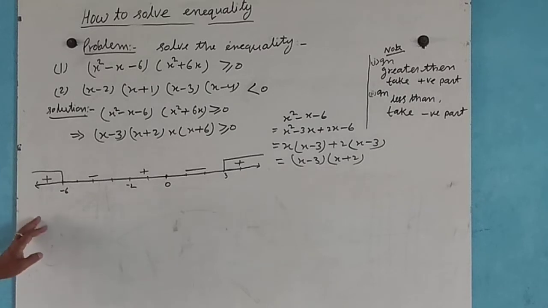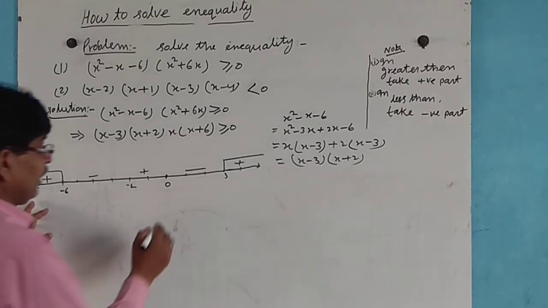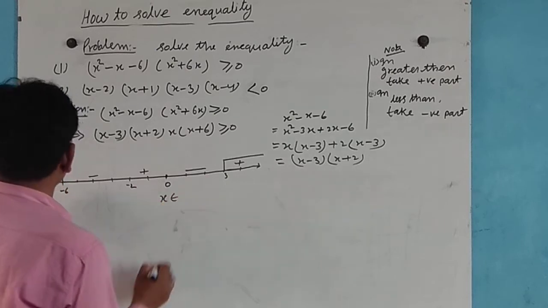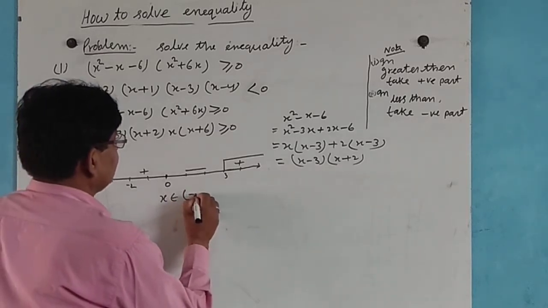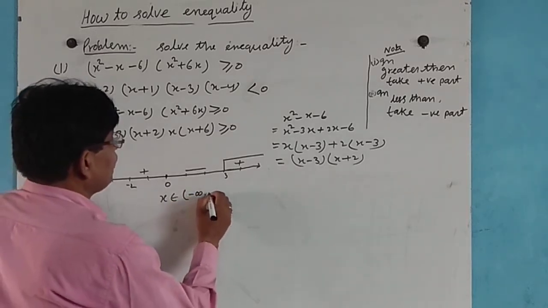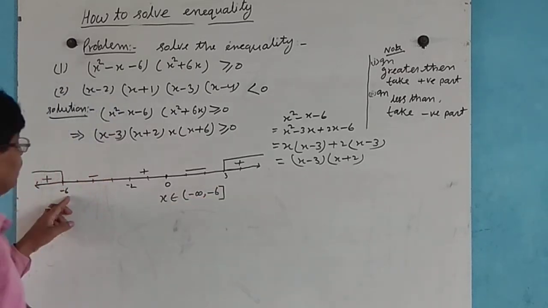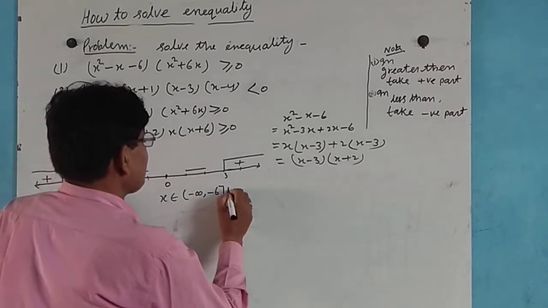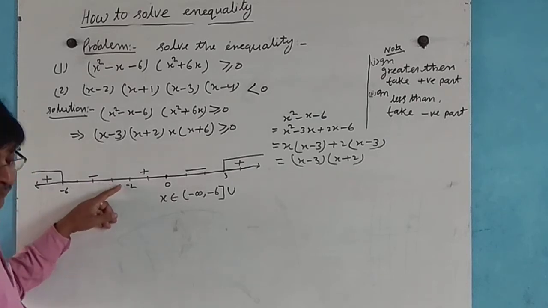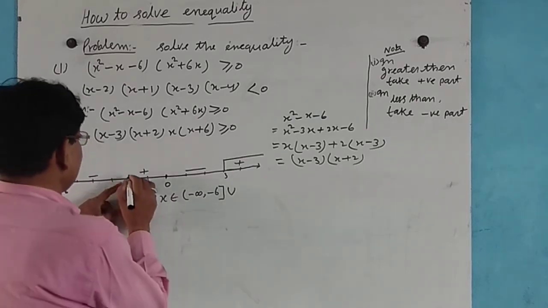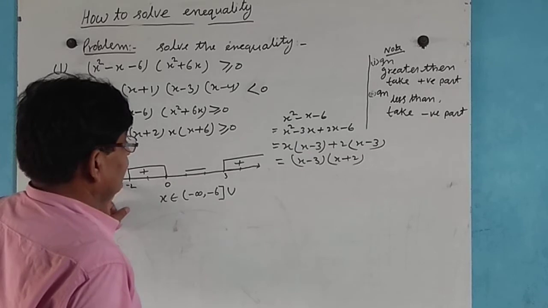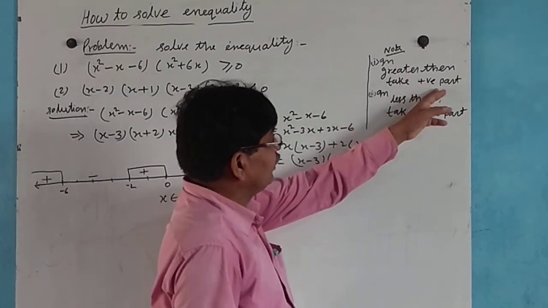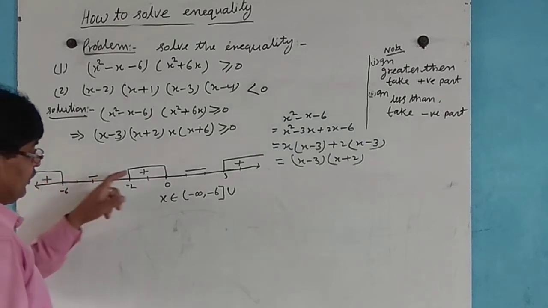Now x belongs where? X belongs in the negative direction, minus infinity to -6, this is closed, and union of -2 to 0, this is closed, because if the inequality is greater than, in this case we take the positive parts. This is positive, this is positive, and this is positive.